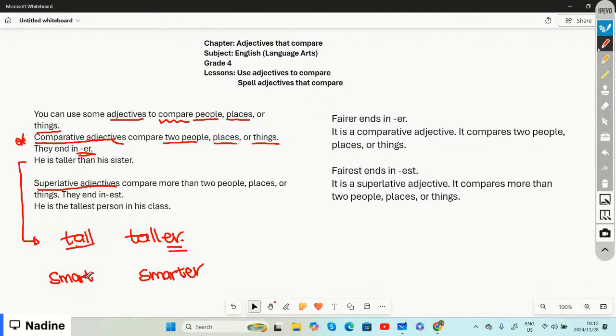She's smart, but Anna is smarter. These are just a few examples of comparative adjectives. We are comparing two people, two places, or two things, and our comparative adjective ends in er.